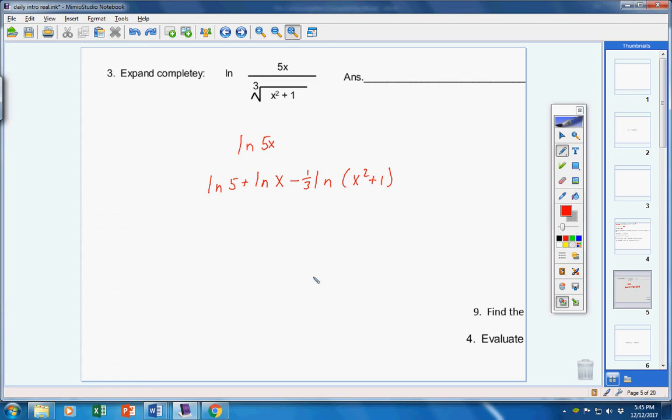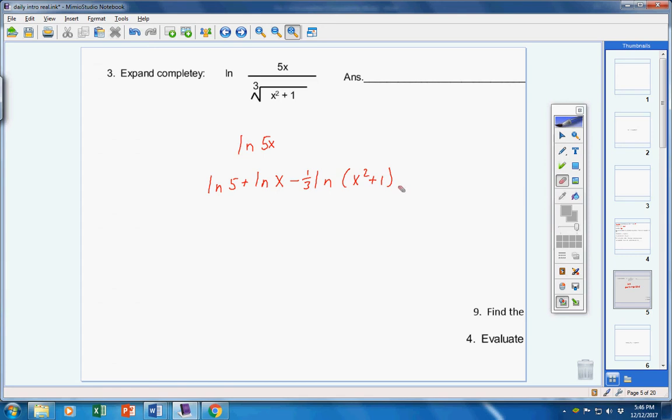It would be the same thing as this. If you had 1/3 square root of x squared plus 1, you cannot say 1/3 square root of x squared plus 1/3 square root of 1. That's completely wrong. You have to first take the square root of what's under the radical and then multiply it times 1/3.